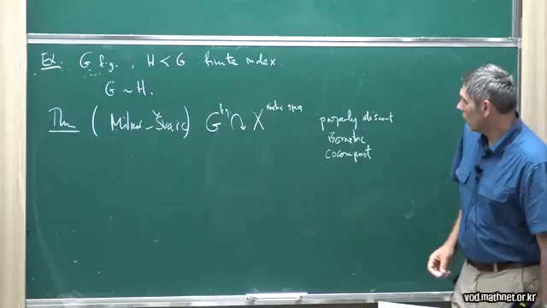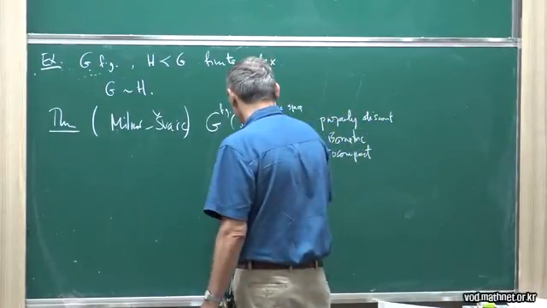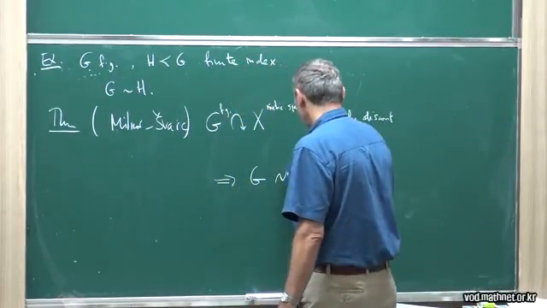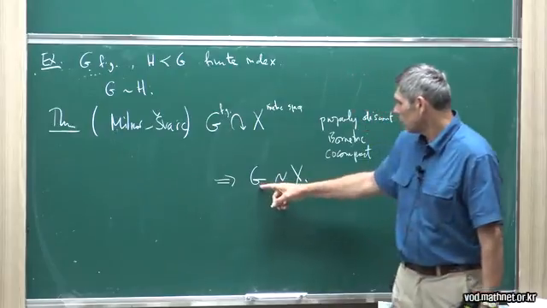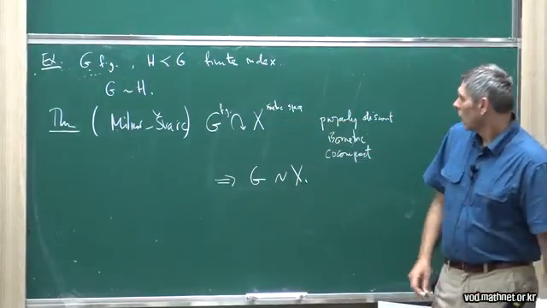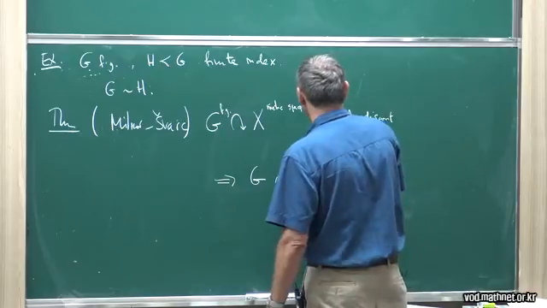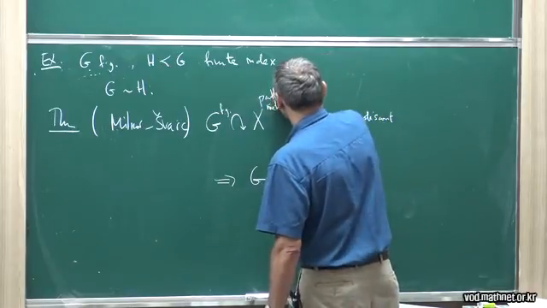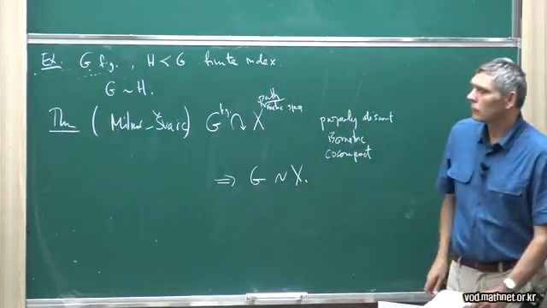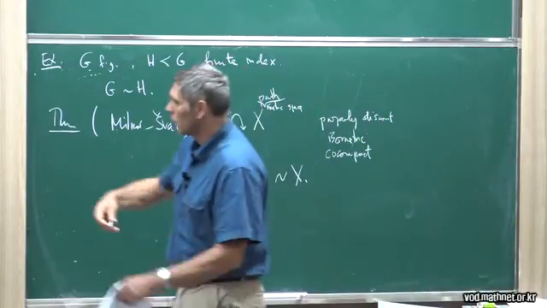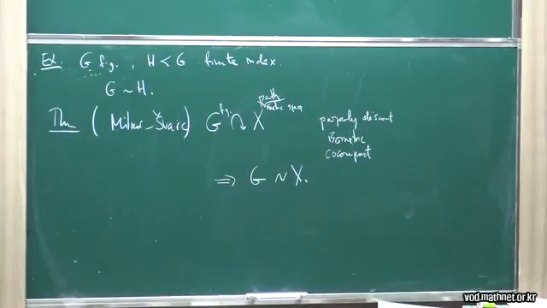Then this implies that in fact G and X are quasi-isometric. They're equivalent. So G with the word metric and X with the given metric. And I should say X is a path metric space, so its metric is obtained by minimizing the length of a path between 2 points.